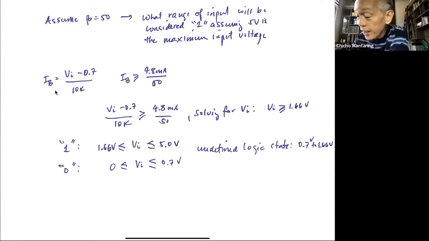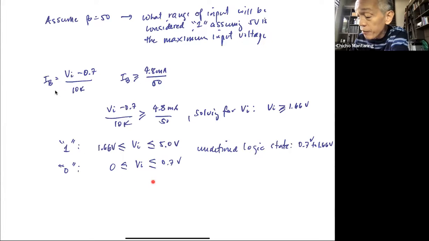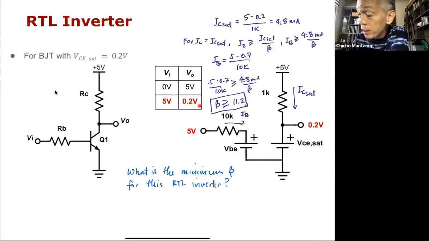Ngayon, kailangan check-in din natin yung 0.2, kasi dapat yung output nitong gate na to can be used as input to another gate. So this is supposed to be a logic level 0. Okay lang, kasi ang logic level 0 is anywhere from 0 to 0.7. So this will work as a logic level 0, yung 0.2.